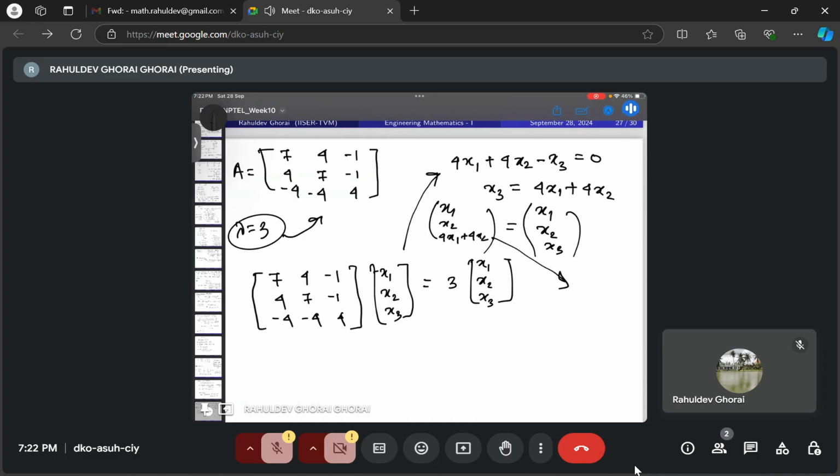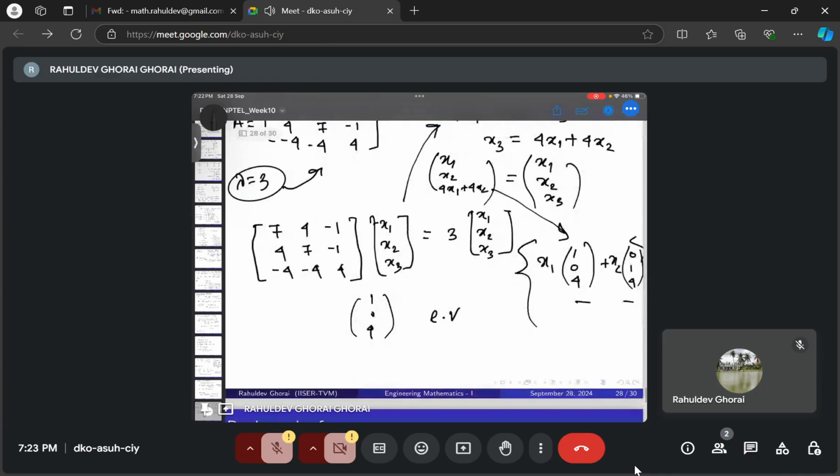From here, you can write this as x1 times (1, 0, 4) plus x2 times (0, 1, 4). And these will be in the eigenspace. I mean (1, 0, 4) is also an eigenvector, and (0, 1, 4) is also an eigenvector corresponding to the same eigenvalue 3. Also, any linear combination of these two will be an eigenvector. They are linearly independent also, right?